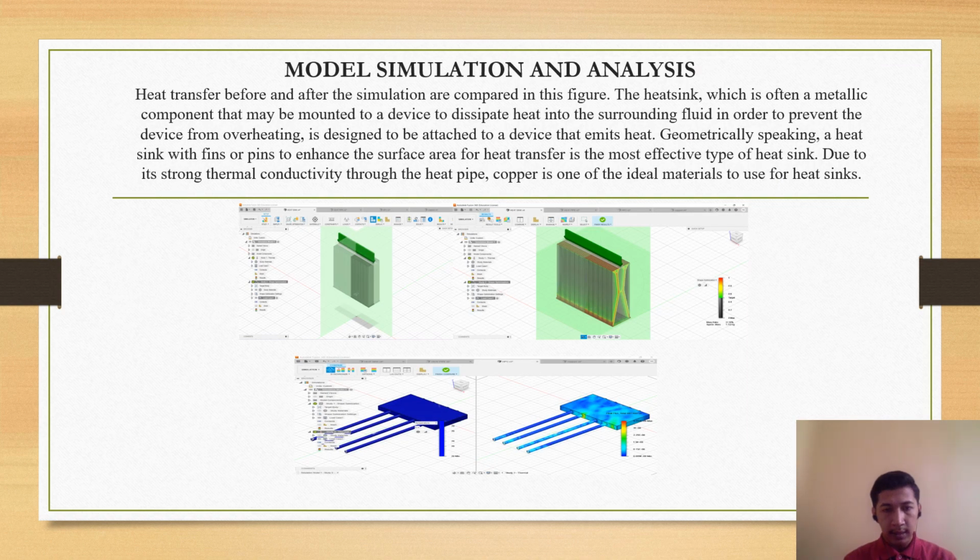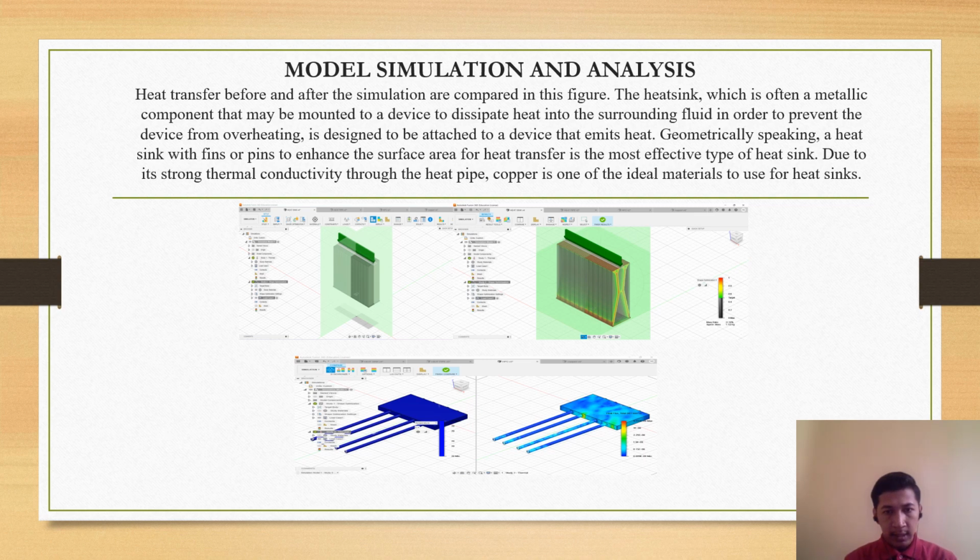Okay, the next is model simulation and analysis. Heat transfer before and after the simulation are compared in this figure. The heat sink is often a metallic component that may be mounted to a device to dissipate heat into the surrounding fluid in order to prevent the device from overheating. It is designed to be attached to a device that emits heat.